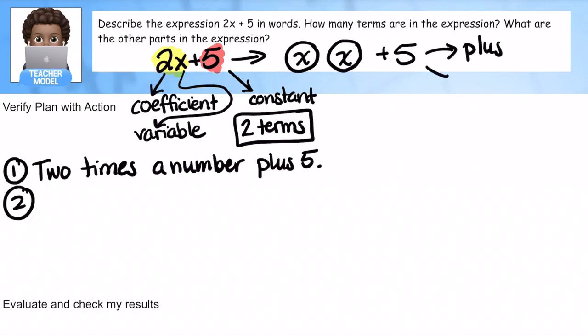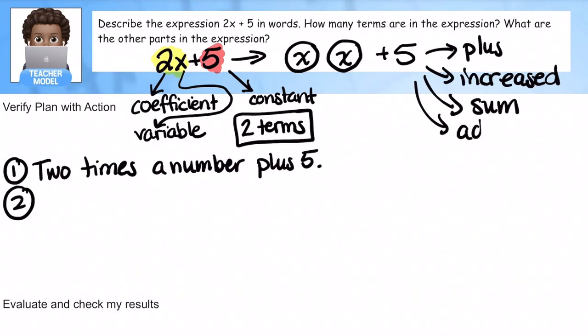We could say plus 5. We could say increased by 5. Some people use the term sum. There are all kinds of different combinations. So I could say 2 times a number increased by 5, or the sum of 2 times a number and 5. Plus 5, adding 5.